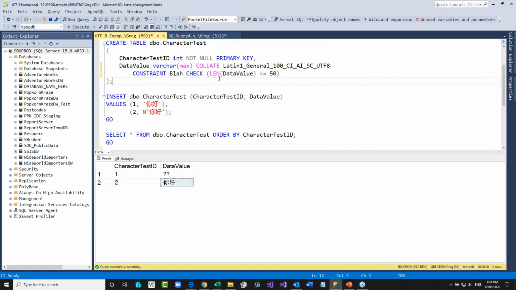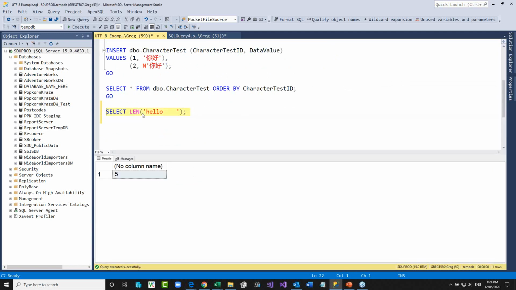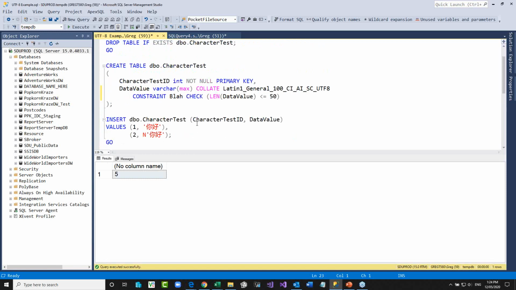And then the worst thing is that length doesn't work properly either, right? So with characters, if I say, what's the length of hello and a bunch of spaces, the length is 5. So it ignores trailing spaces. Now, again, I actually think that's broken, the way that's implemented.